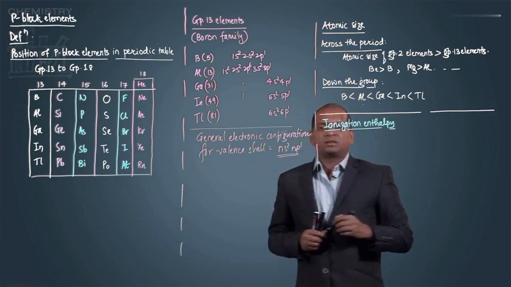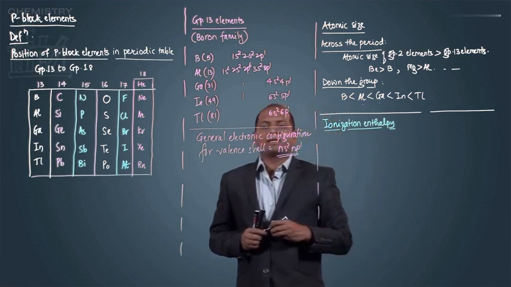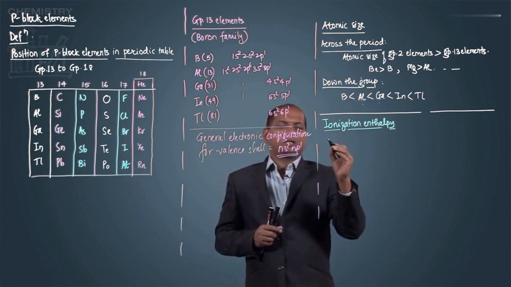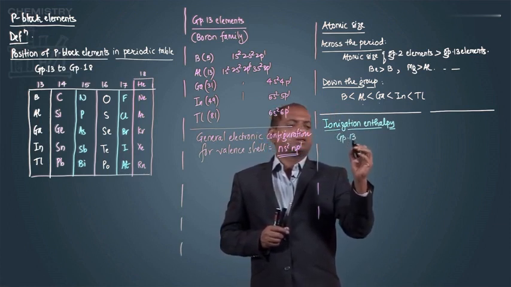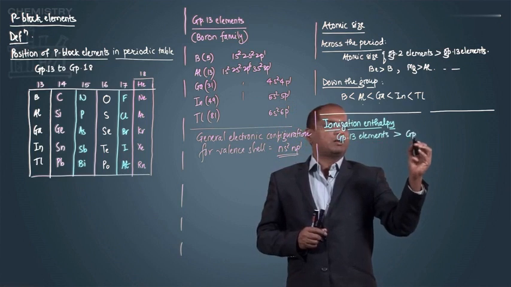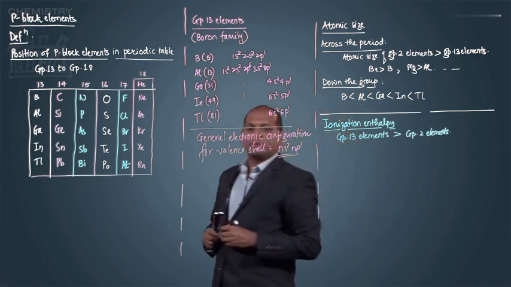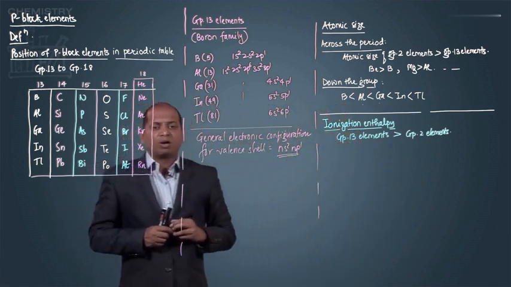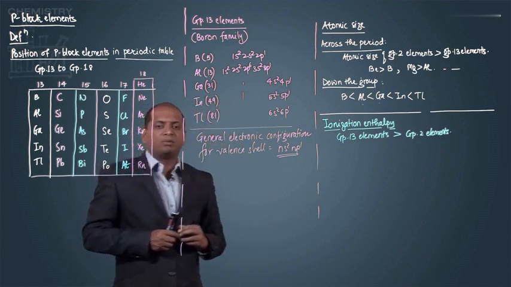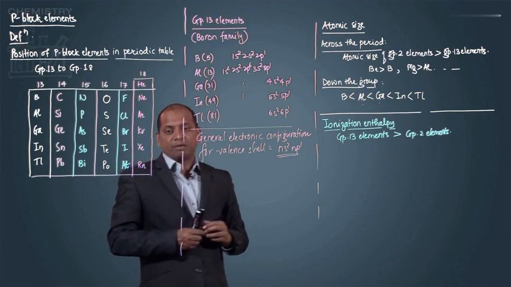So it is obvious that the ionization enthalpy of group 13 elements is greater than that of group 2 elements. So the first ionization enthalpy of boron is greater than that of beryllium. Similarly, the first ionization enthalpy of aluminium is greater than that of magnesium. It must be that way only.